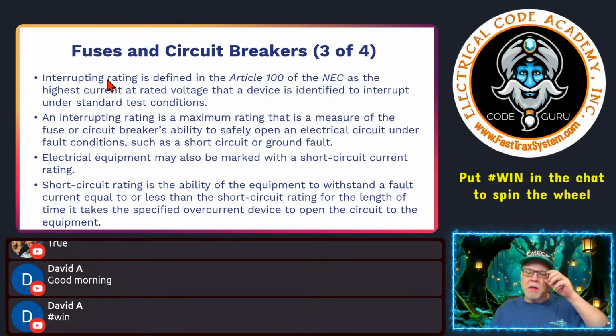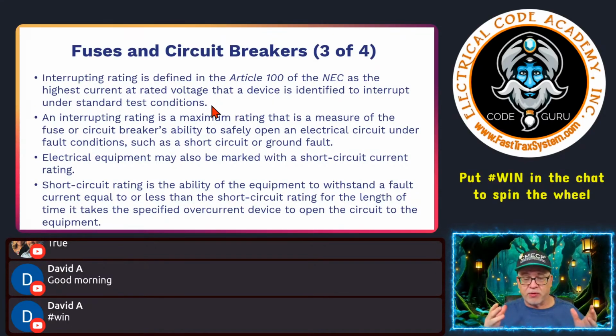All right, now, interrupting rating is defined in Article 100 of the NEC as the highest current at rated voltage that a device is identified to interrupt under standard test conditions. So the interrupting rating is the highest current rating for that specific device under the standard test conditions, not abnormal test conditions, which could change the reaction time.